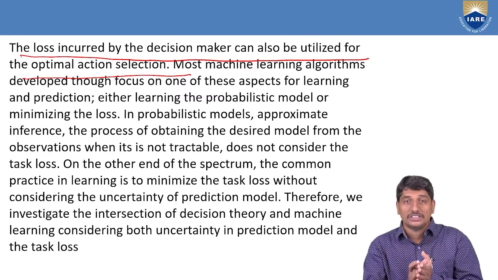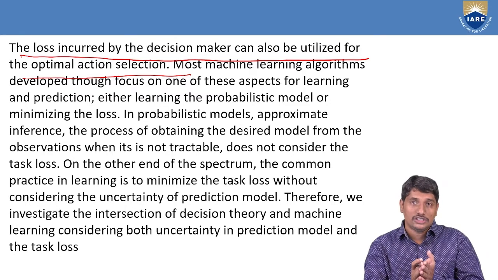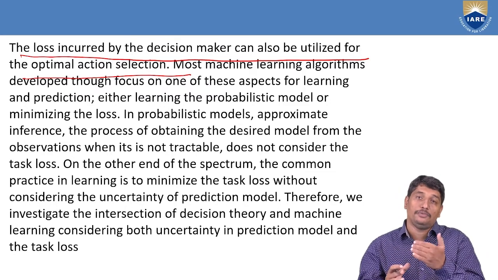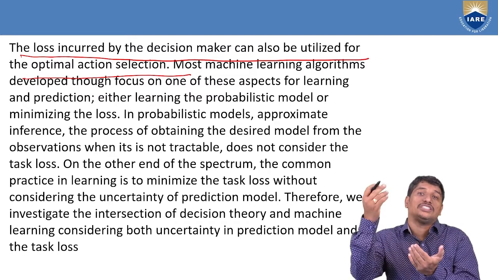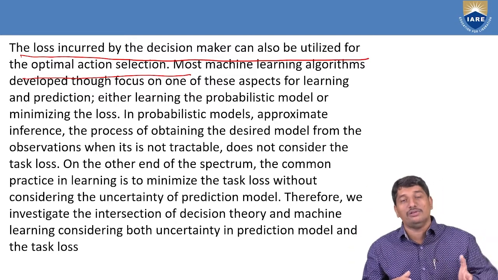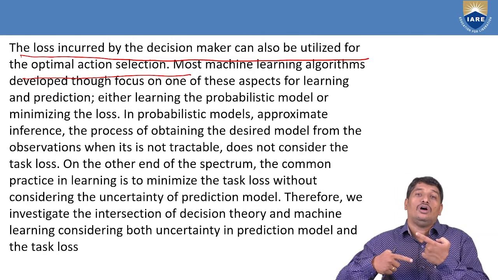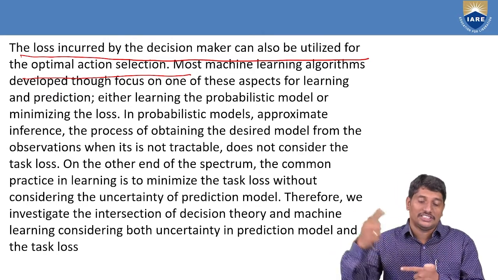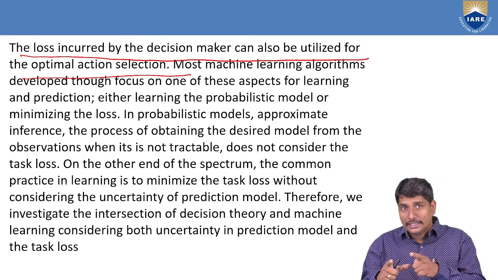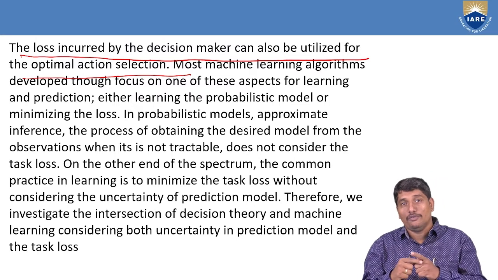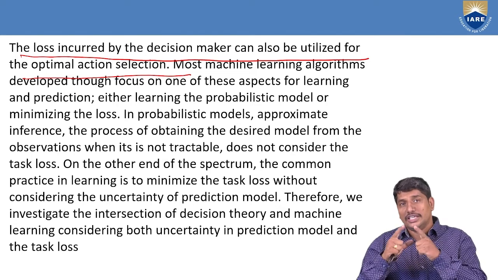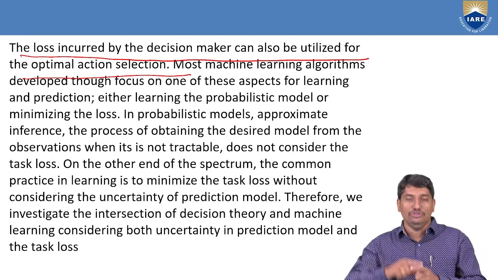The experience of that loss will make us take a better decision the next time. It will lead us to minimize the loss when the same situation is repeated in the future.